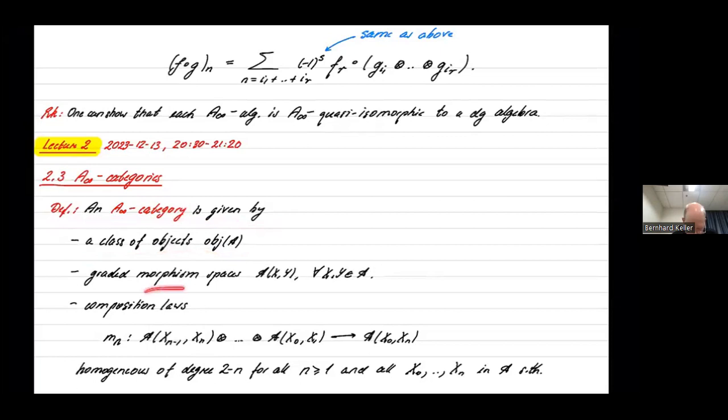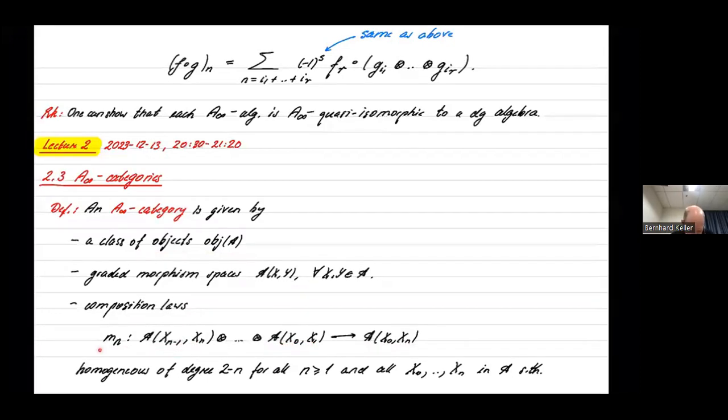Then for each pair of objects, we are given a graded morphism space. And we are given composition laws Mn as for an A-infinity algebra, only that now each tensor factor is a space of morphisms between two objects.